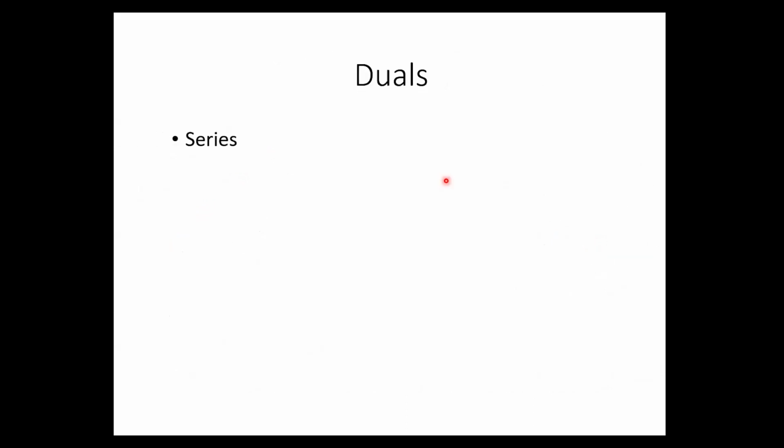Okay, so here are some duals. The dual of series is parallel. And I can have two equivalent circuits, one that appears series and one that appears parallel, but they're actually identical circuits. The dual of resistance is conductance. You're probably familiar with the term mutual conductance tube tester. Resistance tells us how much resistance there is to the flow of current.